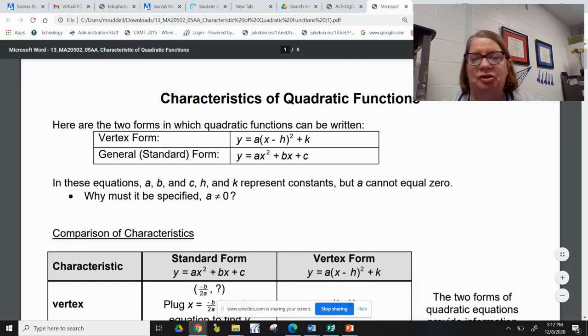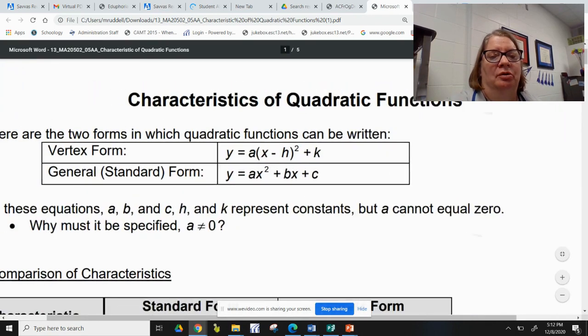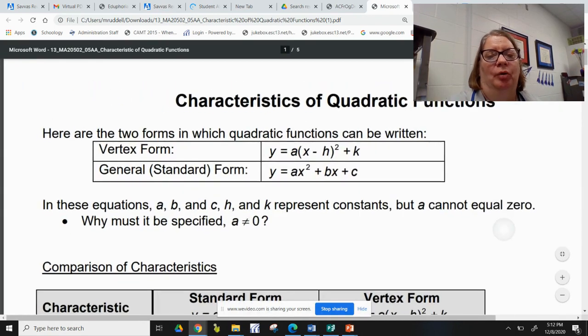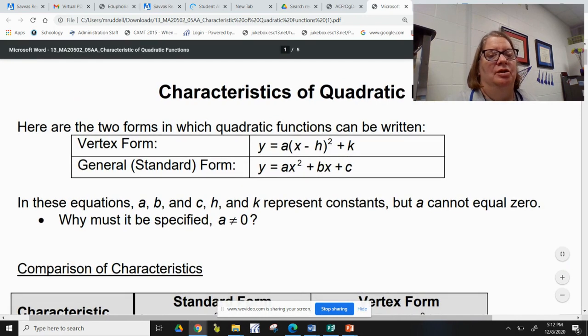Take a look at your handout that says characteristics of quadratic functions. There are 2 forms. A quadratic always has an x squared, okay? There's a vertex form that has the a, the h, and the k. We've looked at a, h, and k with absolute value.